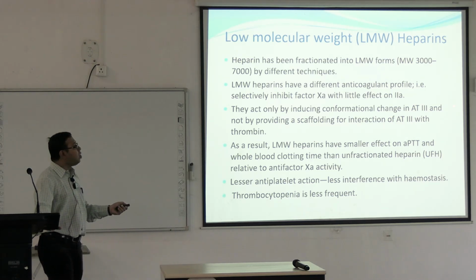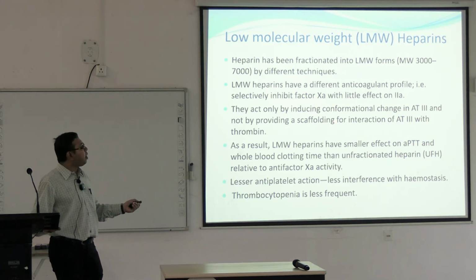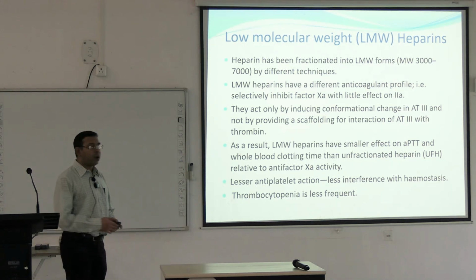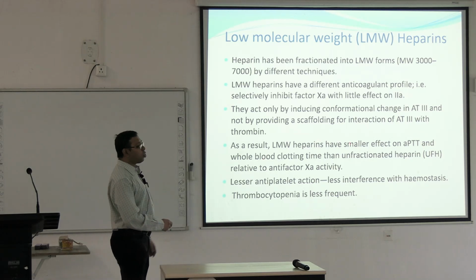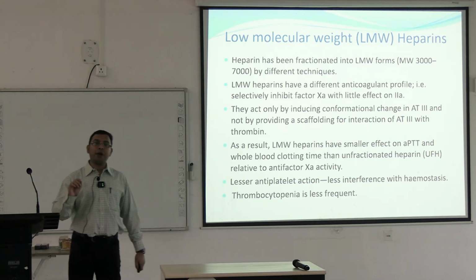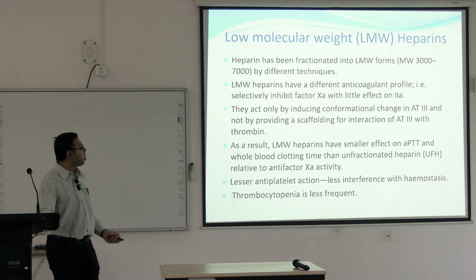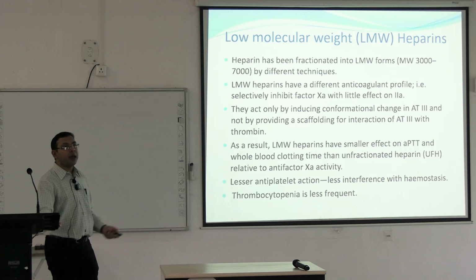They act only by inducing conformational changes in antithrombin III and not by providing a scaffold for interactions. These low molecular weight heparins have a smaller effect on the APTT, the activated partial thromboplastin time, and the whole blood clotting time than unfractionated heparin, relative to the anti-factor 10A activity.